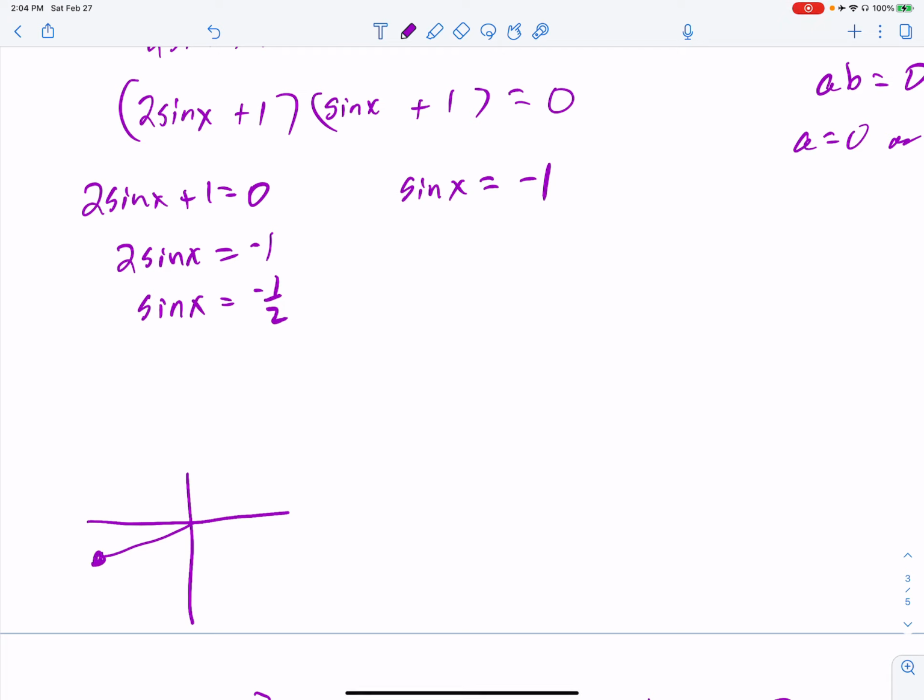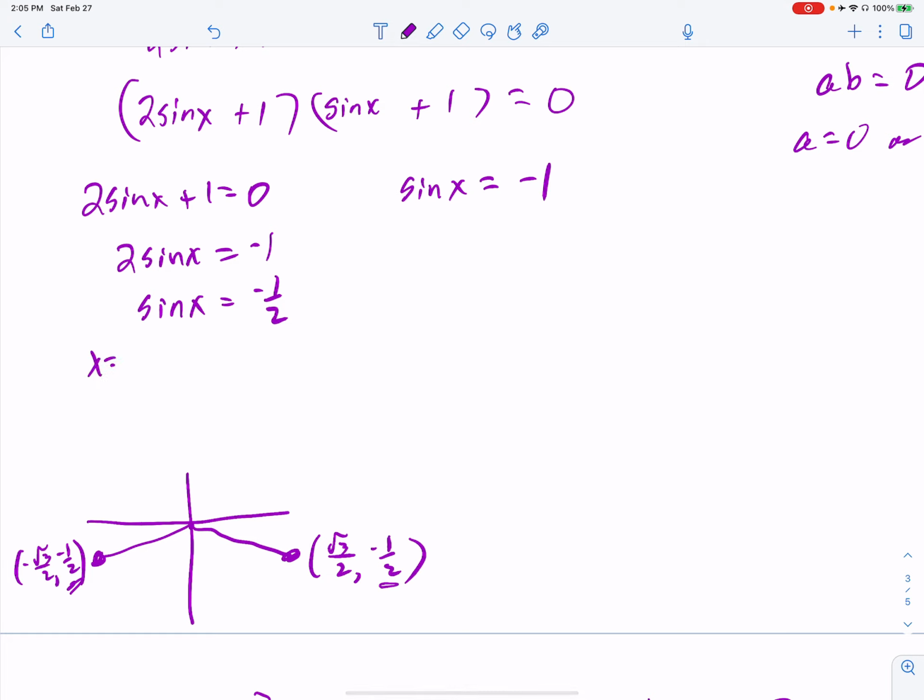And for that one, I need to recall that sine is going to be negative 1/2 with a reference angle of pi 6 in quadrant 3, and with a reference angle of pi 6 in quadrant 4. This is where I'm going to have negative root 3 over 2 down 1/2, or positive root 3 over 2 down 1/2 on the unit circle. And since those y values are negative 1/2, those are angles where the sine is negative 1/2.